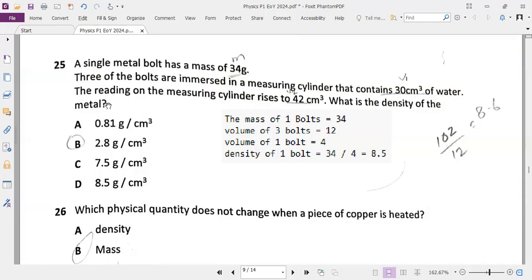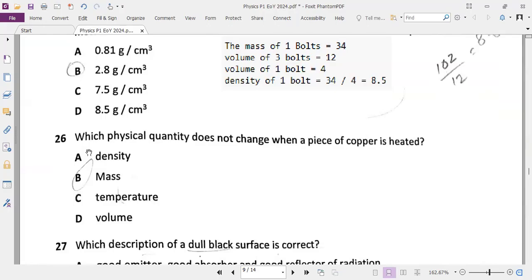If you have 1 kilogram of iron or if you have 1 ton of iron, they both will still have the same density. So we use the mass of the bolts, we use the volume of three bolts, and we get the volume of one bolt by dividing it by three. And then using this volume and this mass, we calculate the density, comes out 8.5. Student got it wrong. The physical quantity that doesn't change, it is mass.